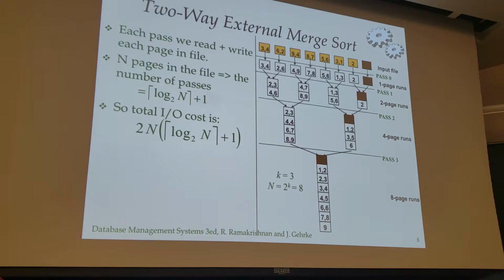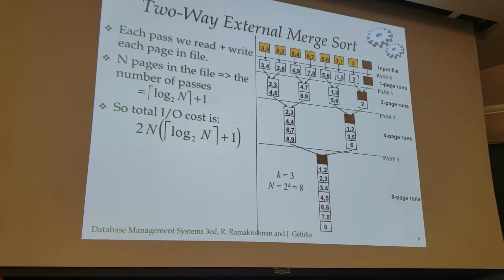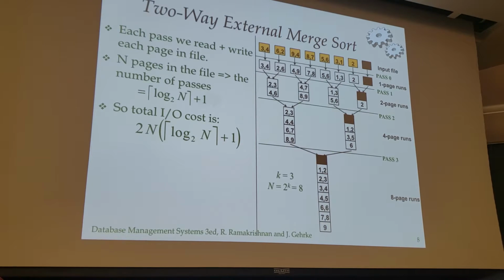Ceiling of that is 4. But then we don't forget about pass 0. So we're going to have log to the base 2 of n passes plus the original pass to sort each individual page inside memory. So it's ceiling log to the base 2 of n plus 1. If we assume n is 2 to the k, then it's k plus 1.